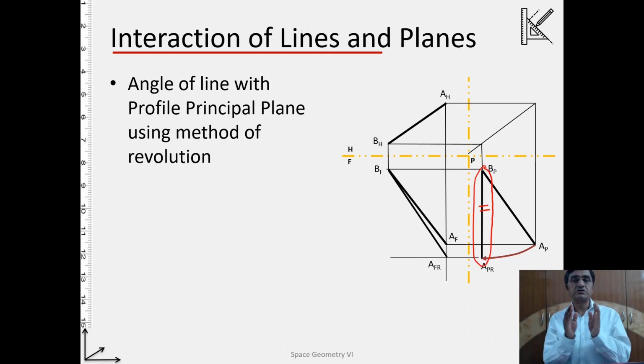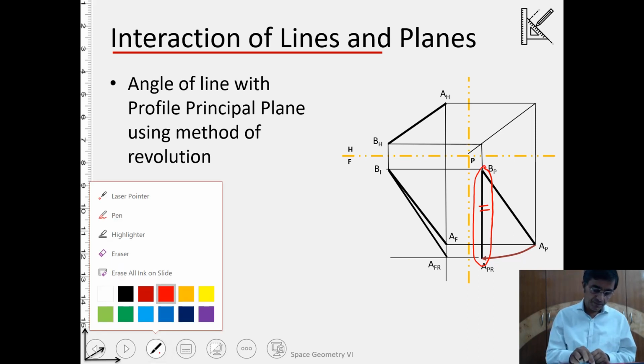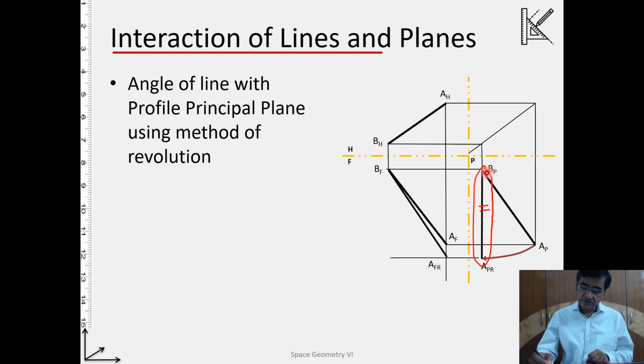The projection of the line which is parallel to the frontal plane is being projected as this onto the profile plane. We know it. And the corresponding projection onto the frontal plane is this, which is the true length. So this angle between the true length projection of the line and the hinge of the profile plane is the angle in which we are interested.